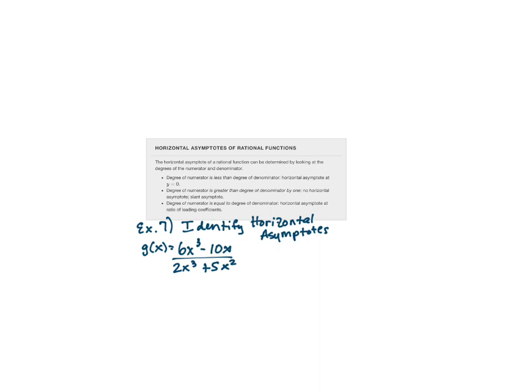And based on the rules, what's the degree of the top and the degree of the bottom? 3. If the degrees are equal, then what do we do? We go to the ratio of leading coefficients. So the ratio of coefficients is 6 over 2. There will be a horizontal asymptote at y equals 3.